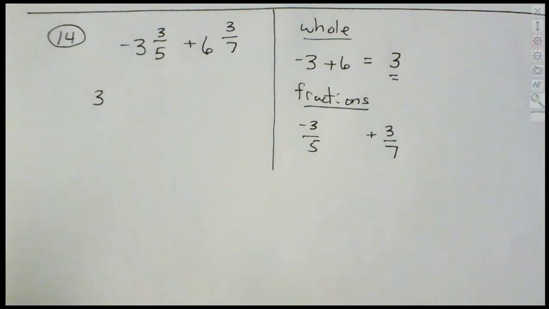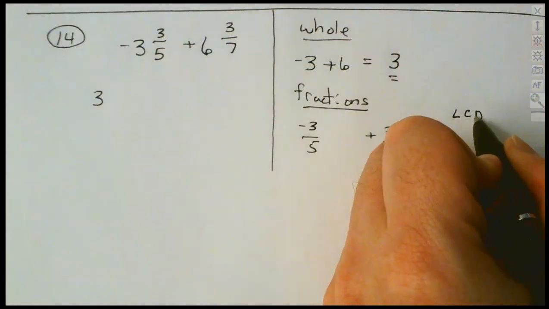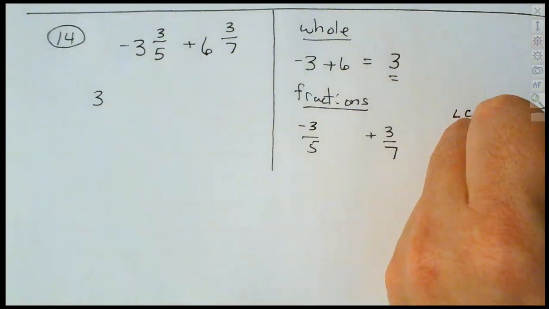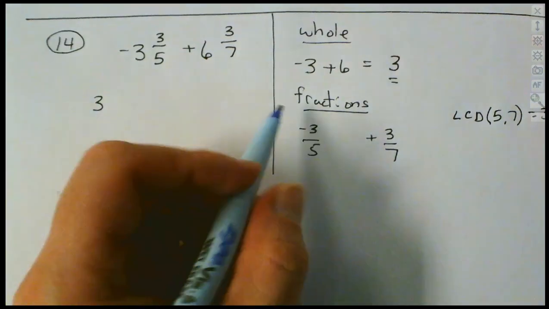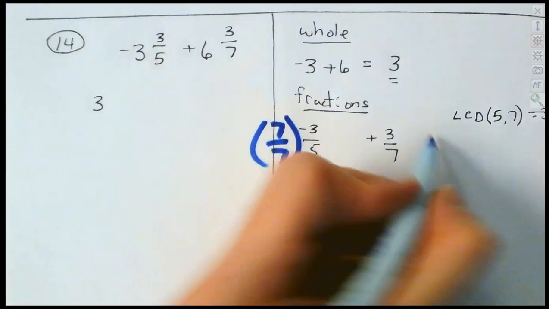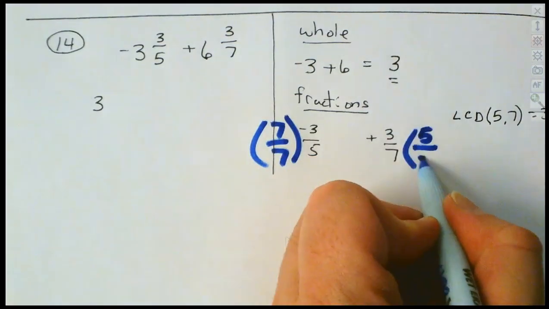Well, when we add fractions, what do we need? Least common denominator. And what's the least common denominator of 5 and 7? That's 35. So that means we need to take that negative 3/5, and we need to multiply that by 7 over 7. And the 3/7, we multiply that by a 5 over 5.